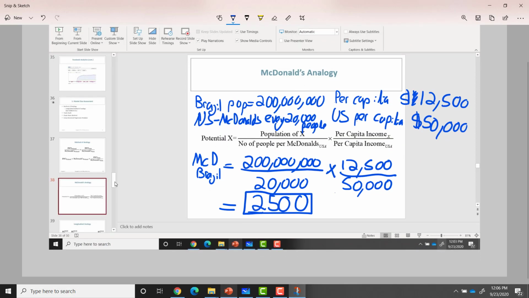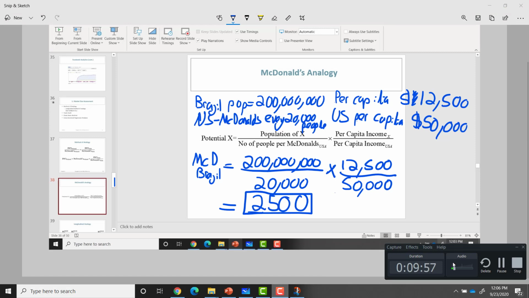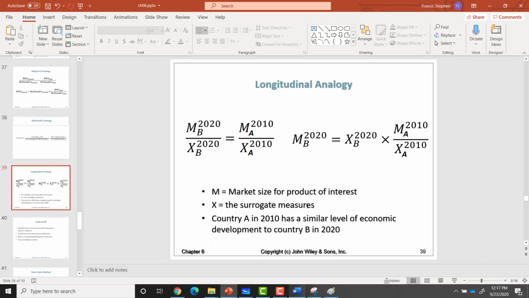Okay, so let's go to the third one. The longitudinal method of analogy is probably the most complex of these. The idea is you have two markets, and one market is more advanced than the second market, and you know a certain ratio in your market.